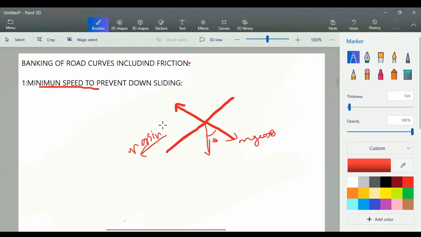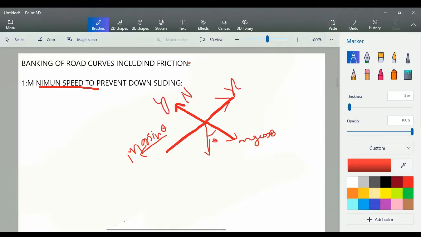This is the normal force along the y-axis. This is the x-axis and this is the y-axis.